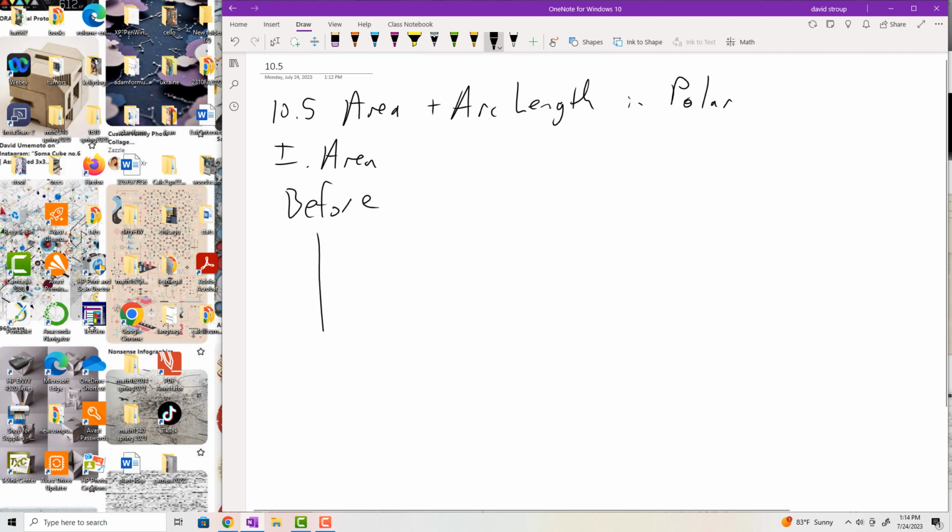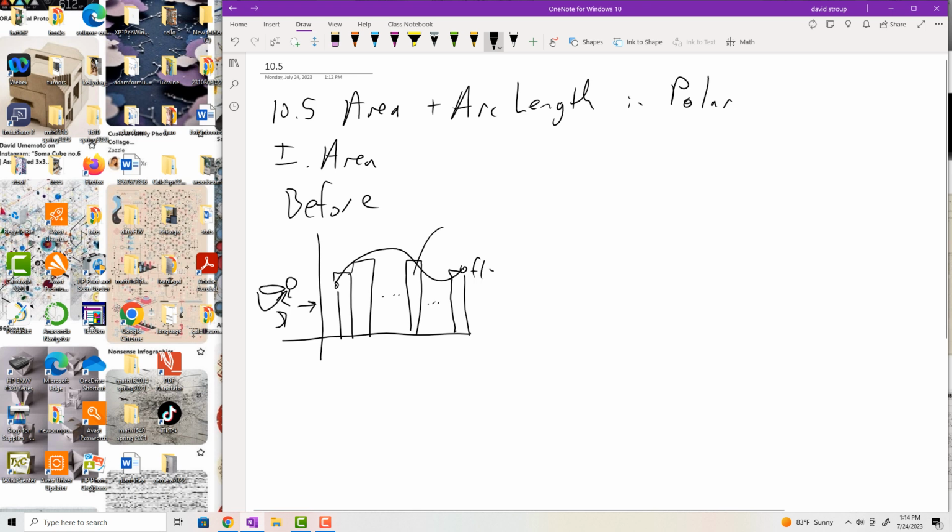So before, recall the work with the Riemann sum and the Riemann person. In order to find the area under the curve, what we did was section it up into a bunch of little rectangles. And then, presuming the function is called f of x, this rectangle is located at position x sub i, and its width is change in x.